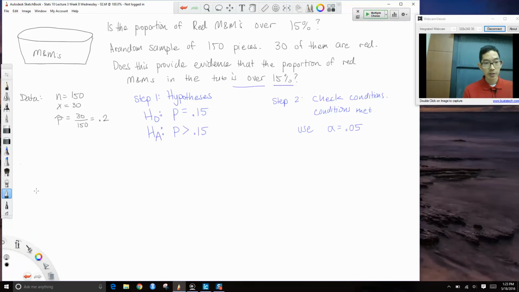All right, so then for step 3, which is our calculations, we'll break this down into a few parts, okay? So 3A is our standard error. What is the standard error that we are going to use here, okay? The standard error is going to be the square root of P0 times 1 minus P0 divided by n, okay?